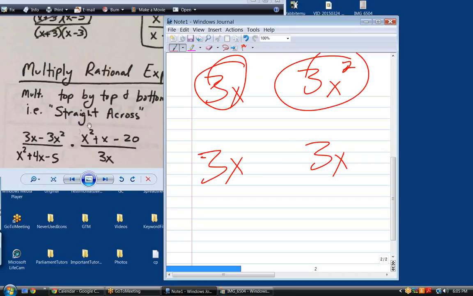So factor that for me. If 3x is the factor, what am I left with? You're left with x squared, or just x. What goes here? What's 3x divided by 3x? Just 1. There you go.